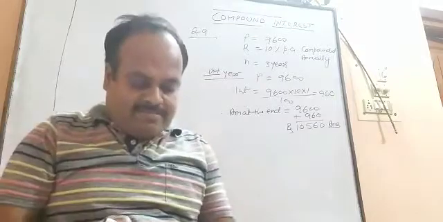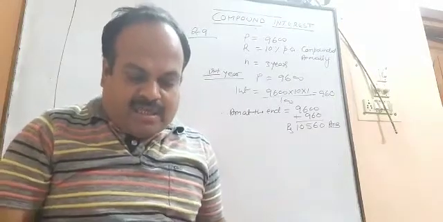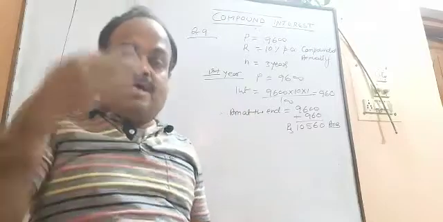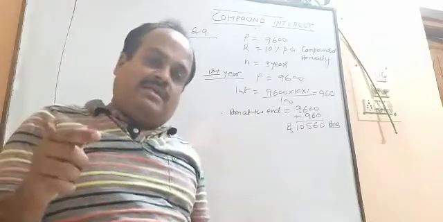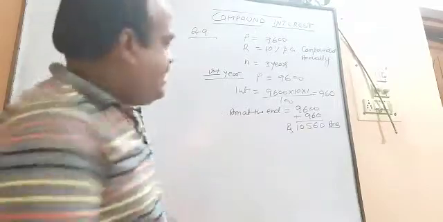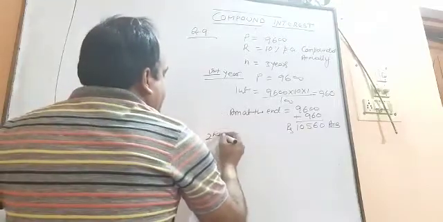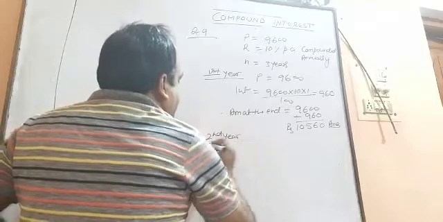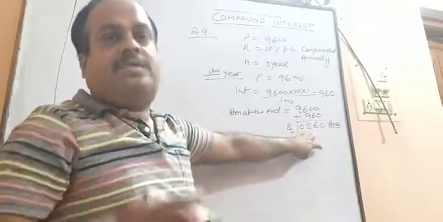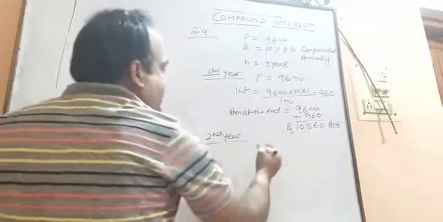Now the second part. What is the sum due at the end of second year? Sum due at the end of second year means the same thing, amount at the end of second year. As I told you, the amount at the end of 1 year becomes the principal for the second year.